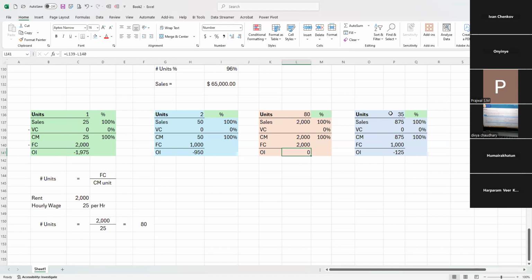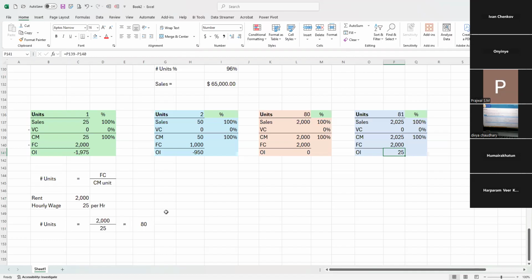So if you work one more hour, if you work 81 hours, for example, that money is going directly to your pocket. That's where you can save, right?